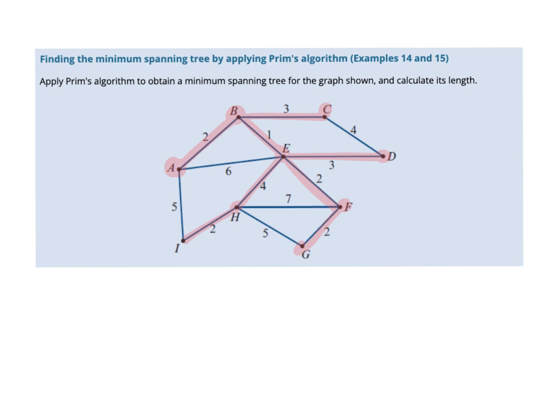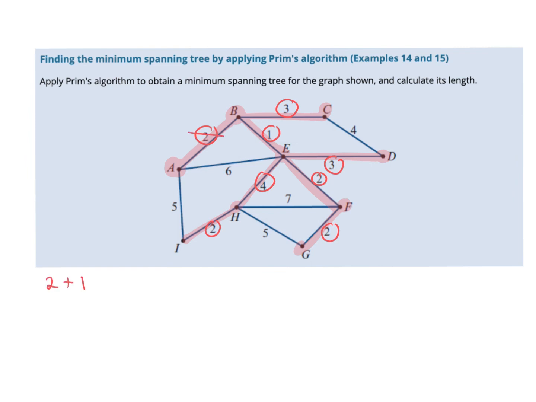So what you're going to do now is calculate the length. Just circle all the numbers that you have highlighted. And then as you add them up, I suggest you cross them out so you don't double count them.